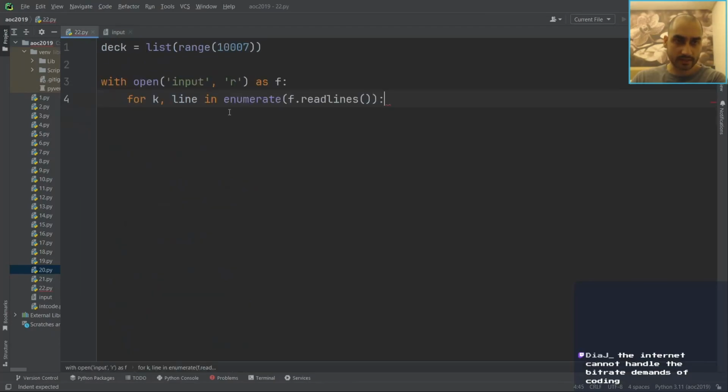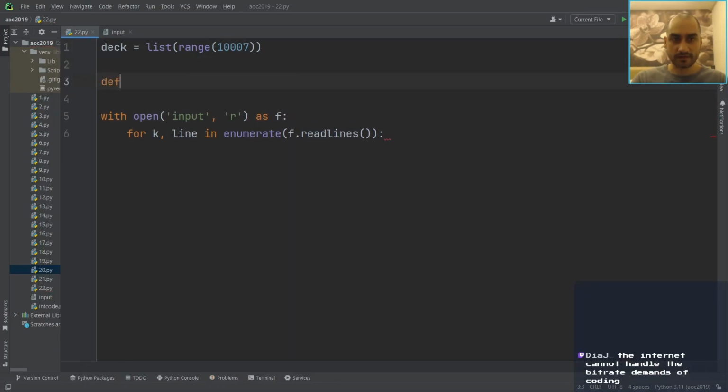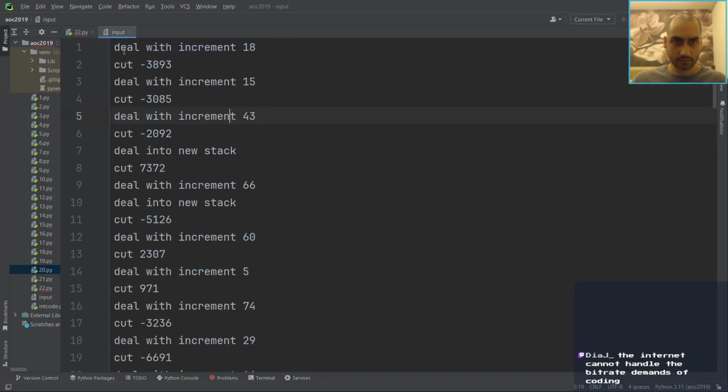I think we'll just make these as 3 separate methods. So let's say define new stack, deal... Hang on, so new stack. Okay, fine, new stack is one command.